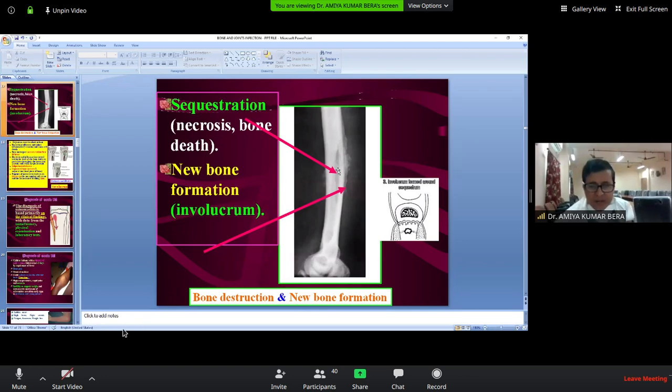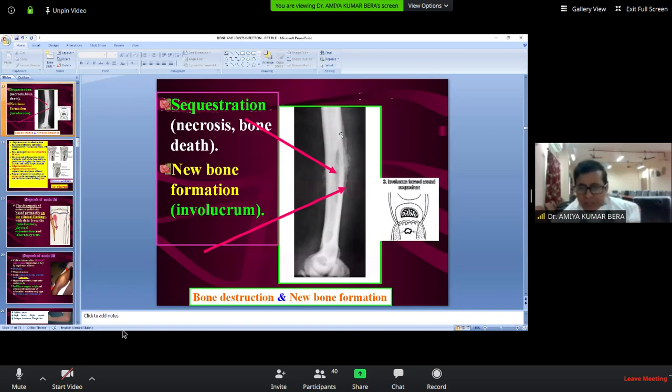Surrounding hyperemia will result in a sort of osteoporosis, as bone turnover will be more, but the dead bone has no turnover, therefore it appears osteosclerotic, dense and whitish compared to the surroundings, and on either side it is lined by granulation tissue, that osteoporotic area. So an osteosclerotic bony fragment lined on either side by granulation is the sequestrum.